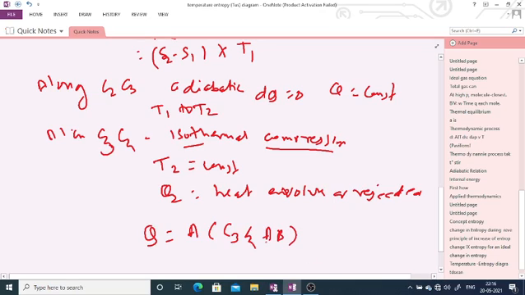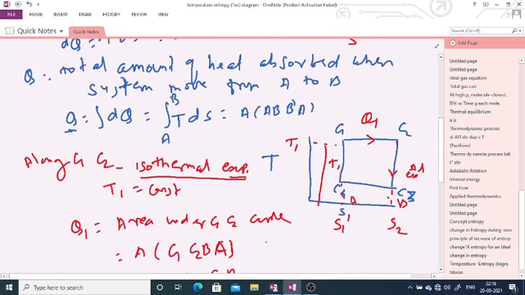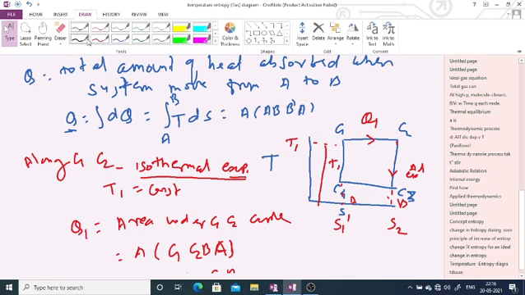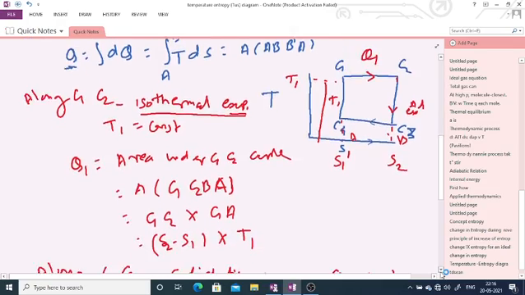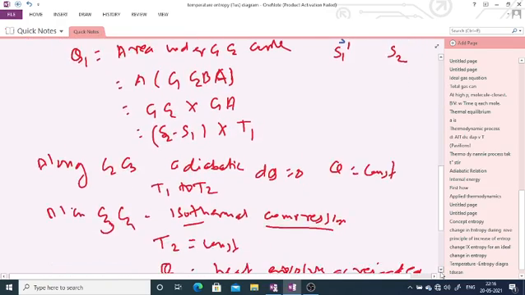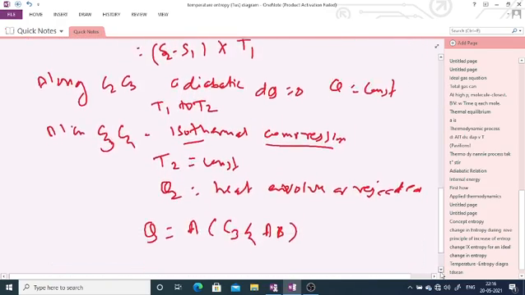We will consider this area as anti-clockwise. The area under the curve C3 C4 is equal to the area of the rectangle C3 C4 AB.